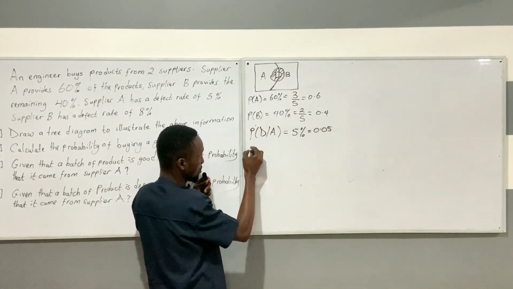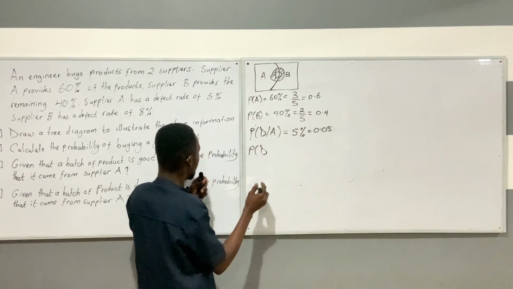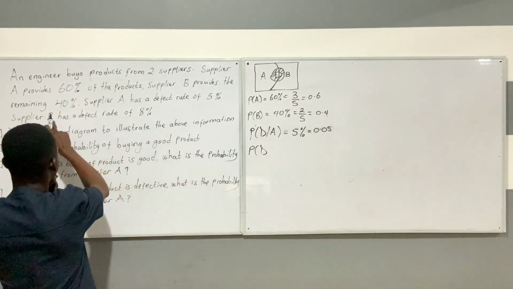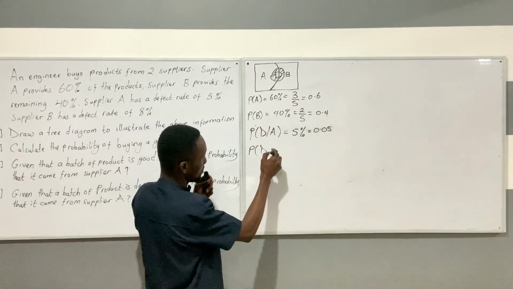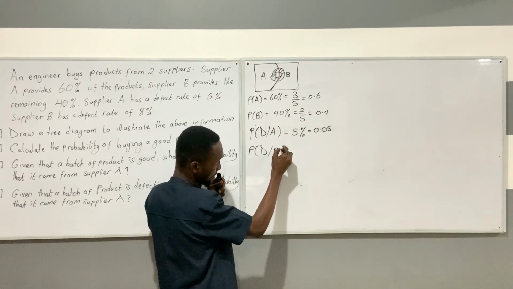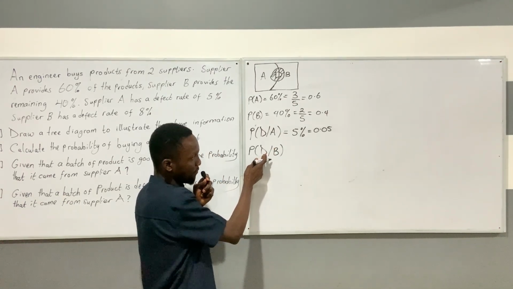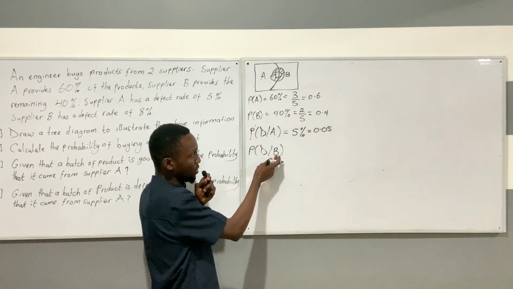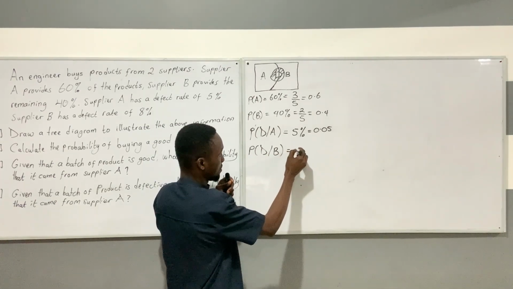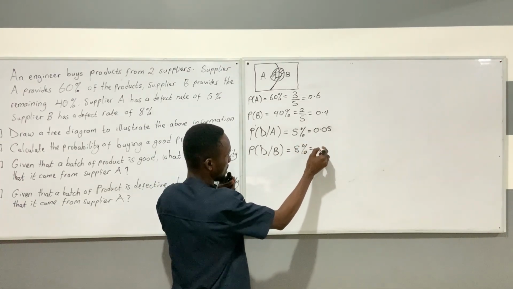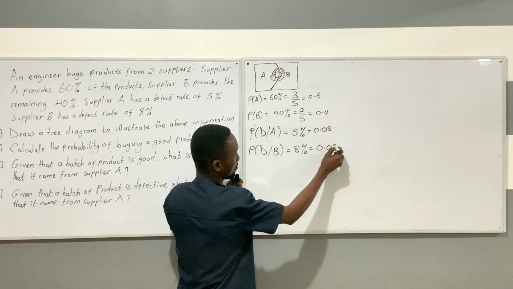The next thing is the probability of D given B. So we are looking for the defectives coming out from B, given B. That is 8%, giving us 0.08.